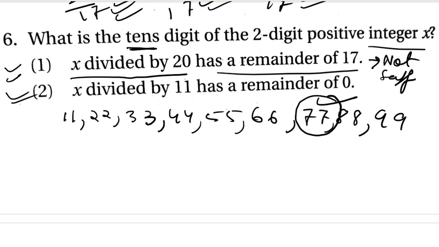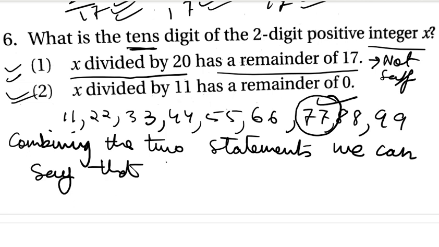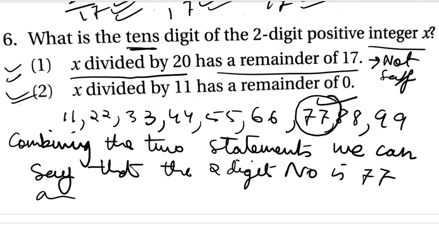Let me write it for you. Combining the two statements means we can say that the two-digit number is 77, and what are they asking?